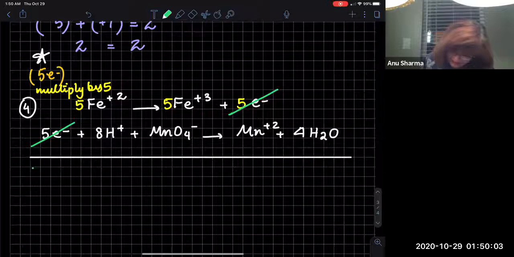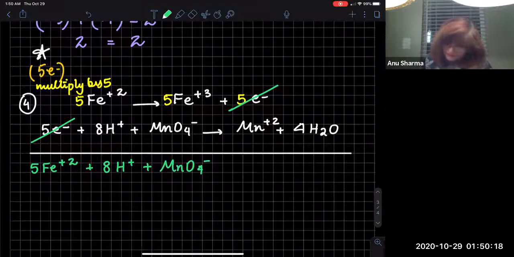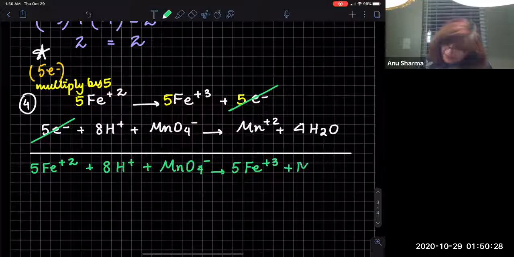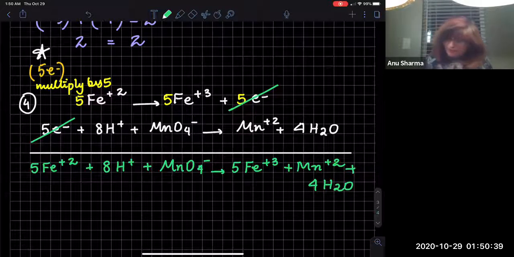So we can now bring back 5 Fe plus 2 plus 8 hydrogen ions plus MnO4 1 negative, and then comes 5 Fe plus 3 plus Mn plus 2, and then plus 4 H2O. So that is your balanced equation.